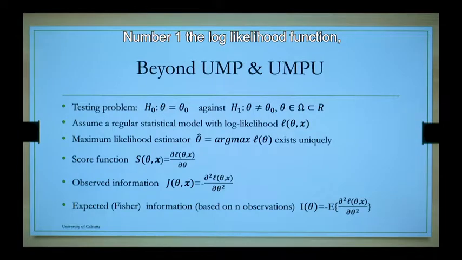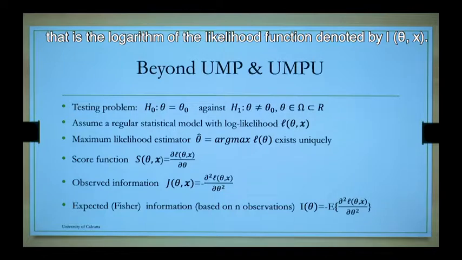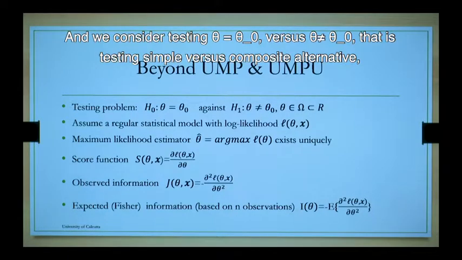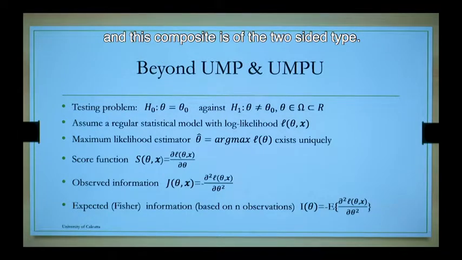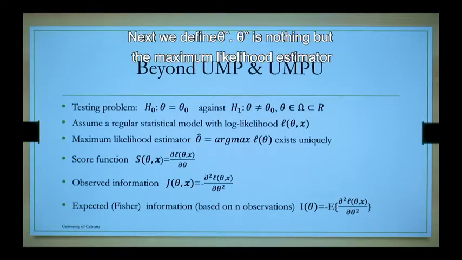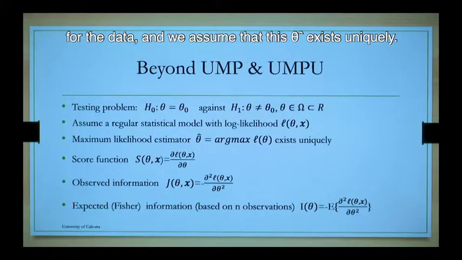Number one, the log likelihood function, that is the logarithm of the likelihood function L(theta; x). We consider testing theta equal to theta naught versus theta not equal to theta naught, that is, testing a simple versus a composite alternative, and this composite is of two-sided type. Next we define theta hat, which is the maximum likelihood estimator for the data, and we assume that this theta hat exists uniquely.